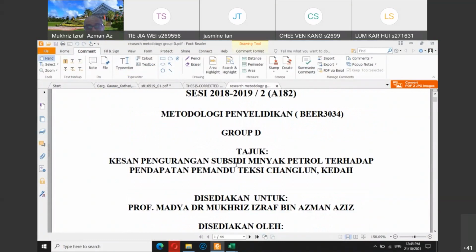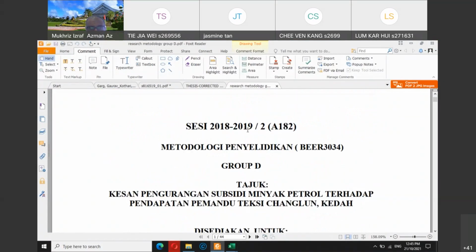I think when they did this project back in 2019, like 2 years ago, this was the time when the government decided to remove the subsidy of petrol, which led to an increase in the cost of diesel and petrol.